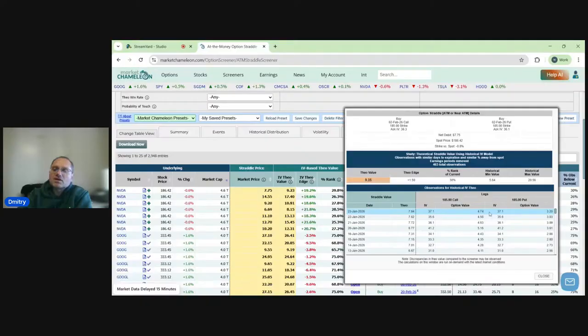So these are the implied vols for the call and the put. And if we plug that implied volatility back into the Black-Scholes, what would the straddle be priced at today?